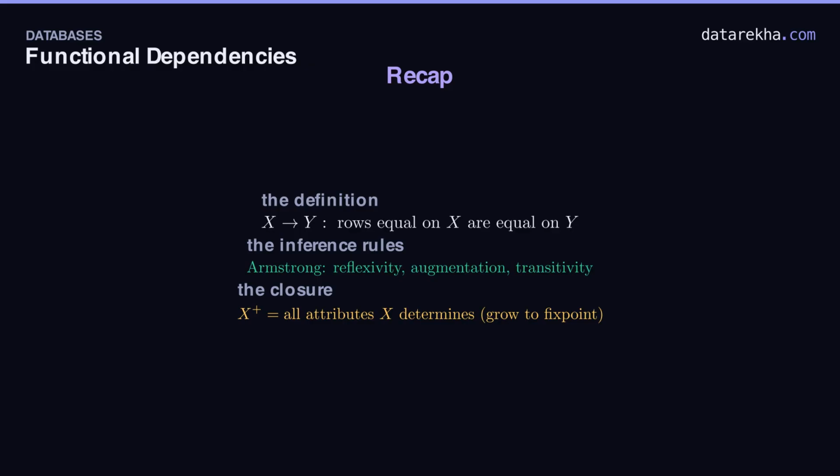Start with X, keep applying rules whose left side is inside, and stop when a full pass adds nothing. And that one set answers both questions. A dependency holds when its right side is inside the closure, and a set is a super key when its closure is the whole table. Master the closure, and dependencies hold no mysteries.